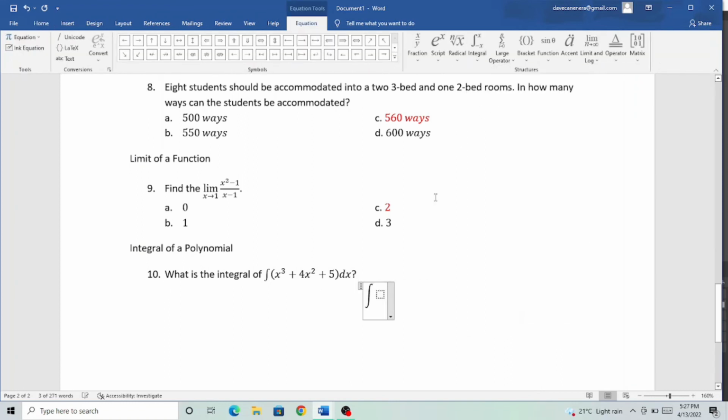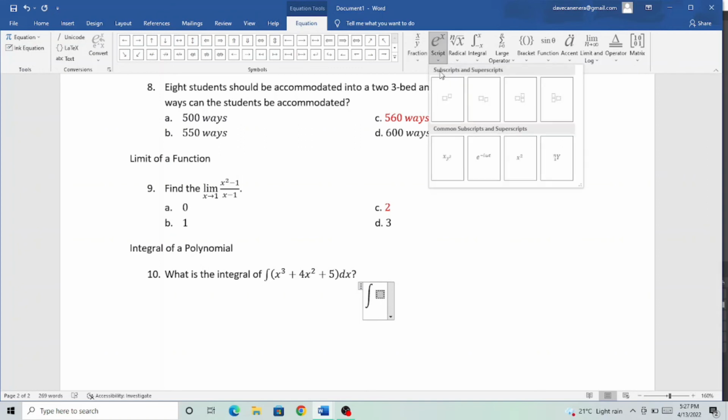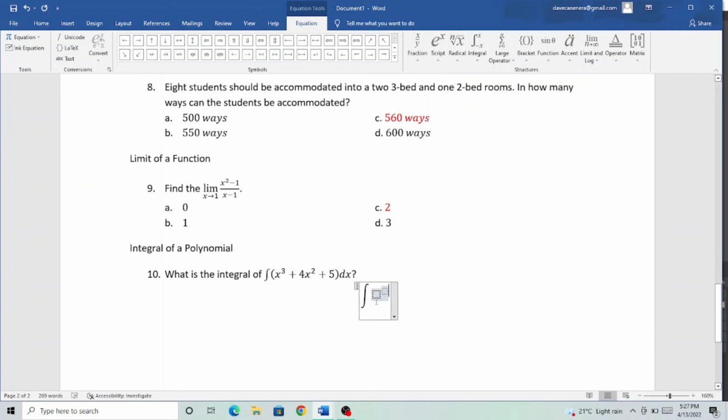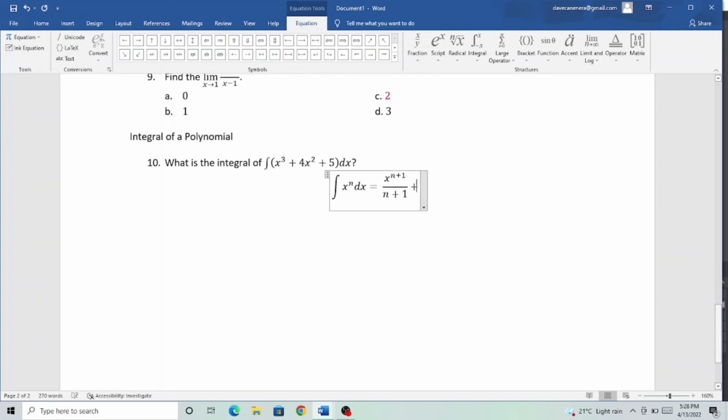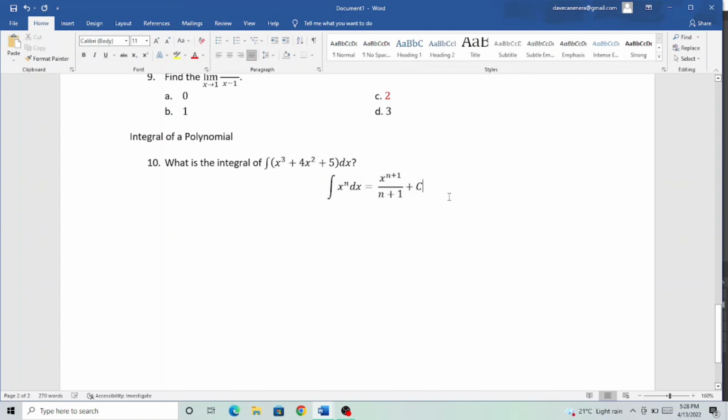The power rule is basically the integral of x to the power of n dx is equal to x to the power of n plus 1 over n plus 1 plus c. Right. So this is the power rule.